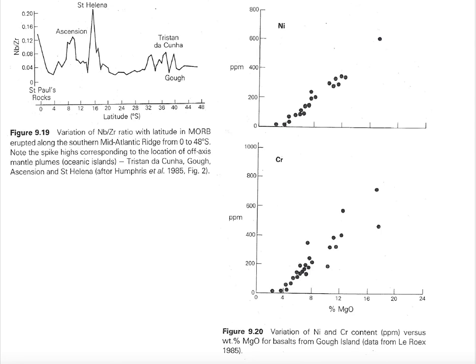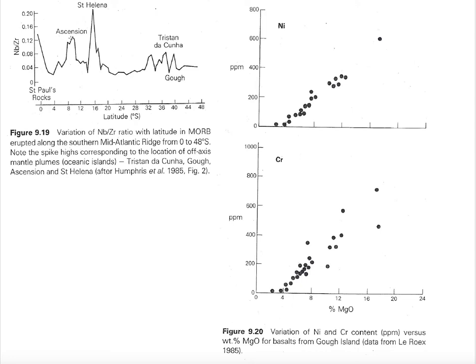Then here we have the variation of the niobium-zirconium ratio with latitude in MORB erupted along the southern Mid-Atlantic Ridge, from different locations.